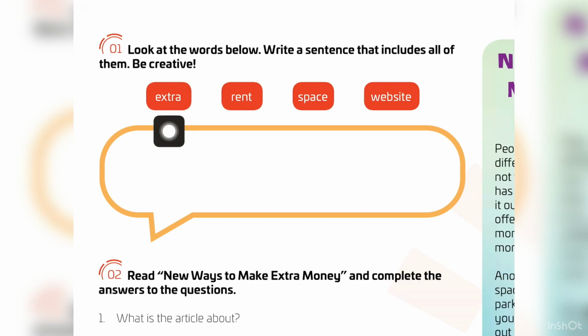So we have extra, rent, space, website, and we're going to create only one sentence in which you consider they could be together. Give them coherence, cohesion. Be careful of the things you are using.